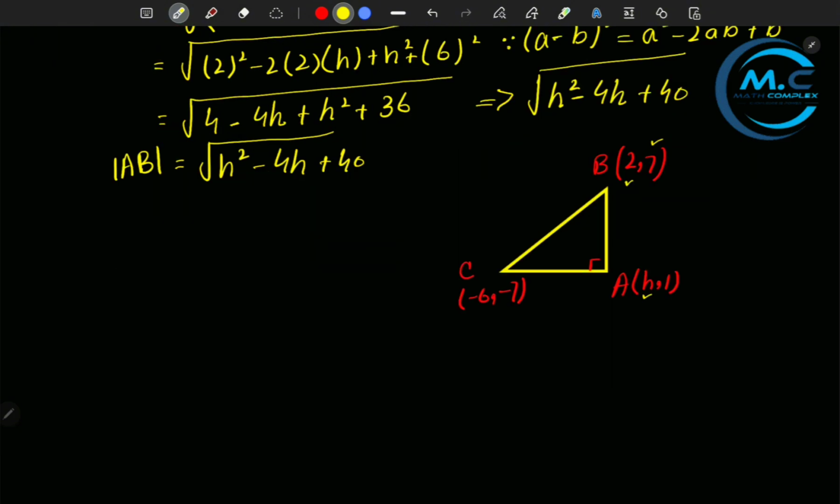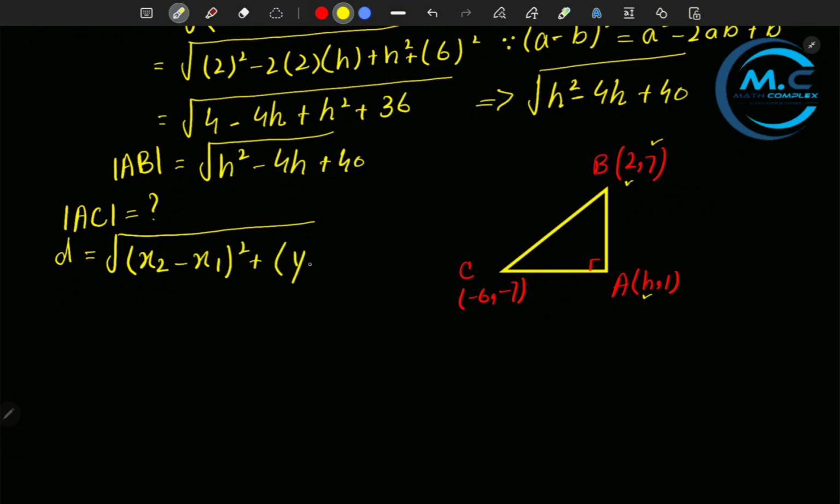Now we are going to find the length of side AC. For finding the side AC, we will apply the distance formula stated as (x2 minus x1) whole square plus (y2 minus y1) whole square.